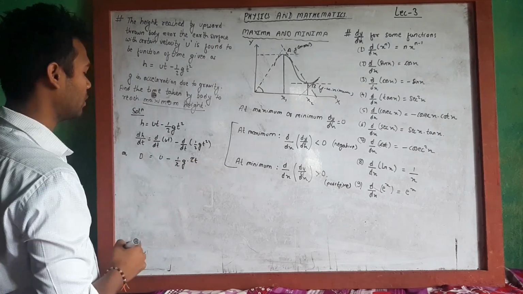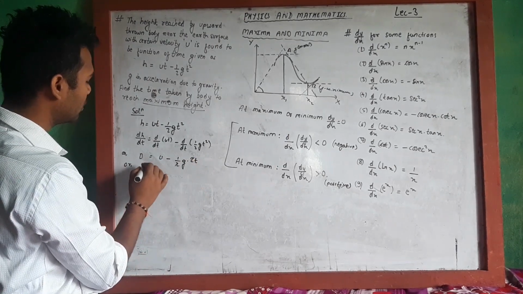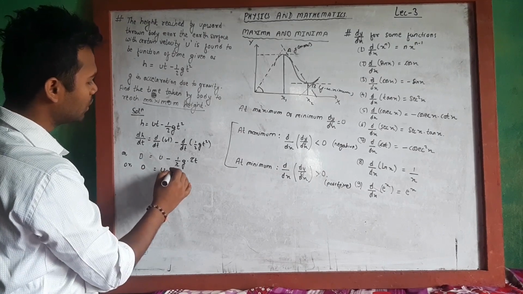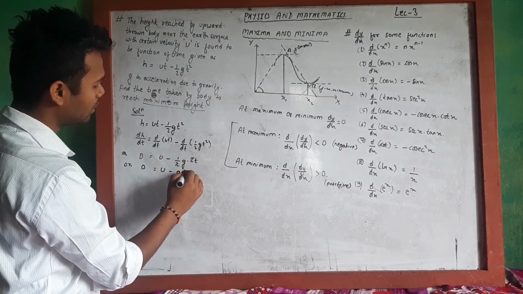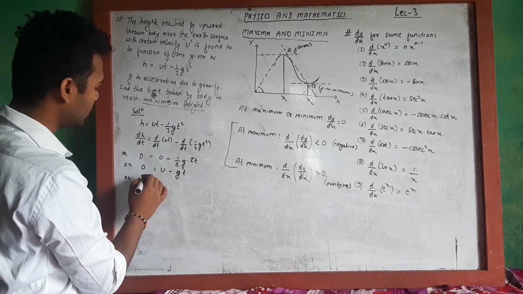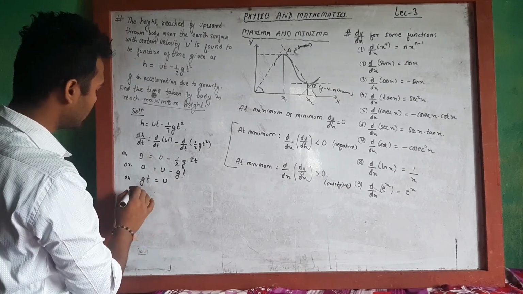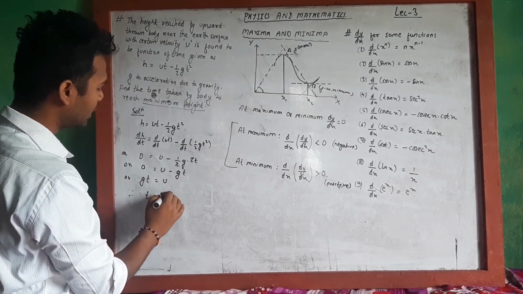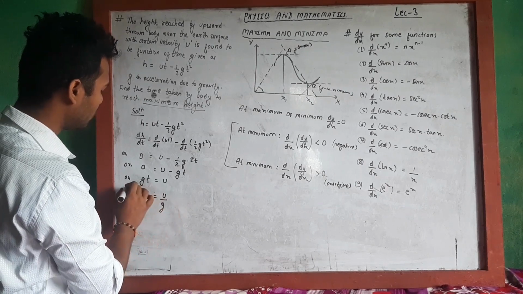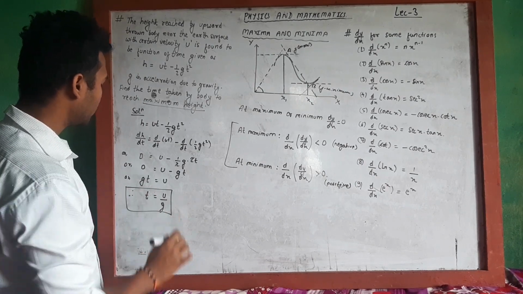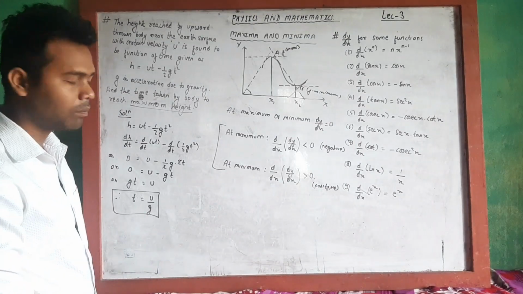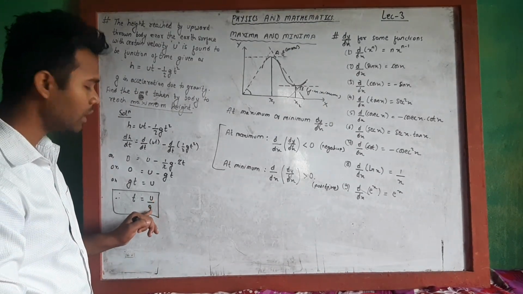The 2s cancel, and 0 is equal to u minus gt, or gt is equal to u. On simplification, it gives t equals u over g. That's why the time taken by the body to reach the maximum height is u over g.